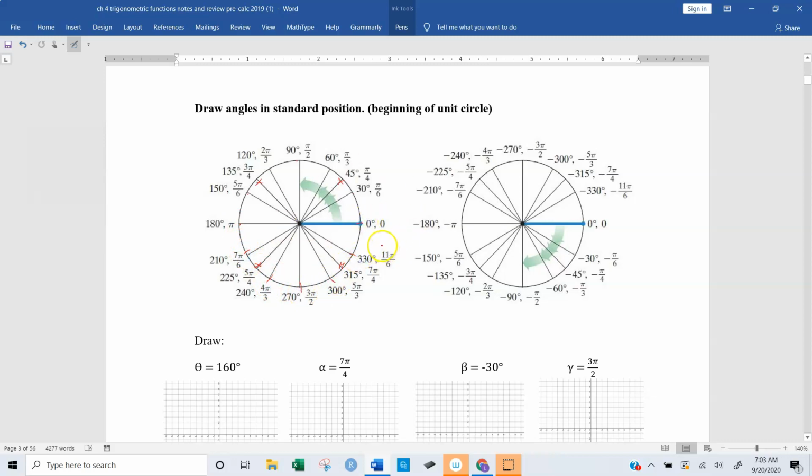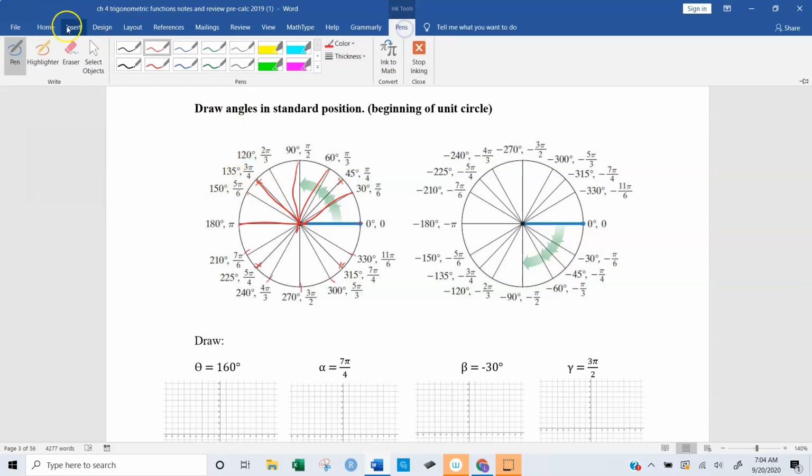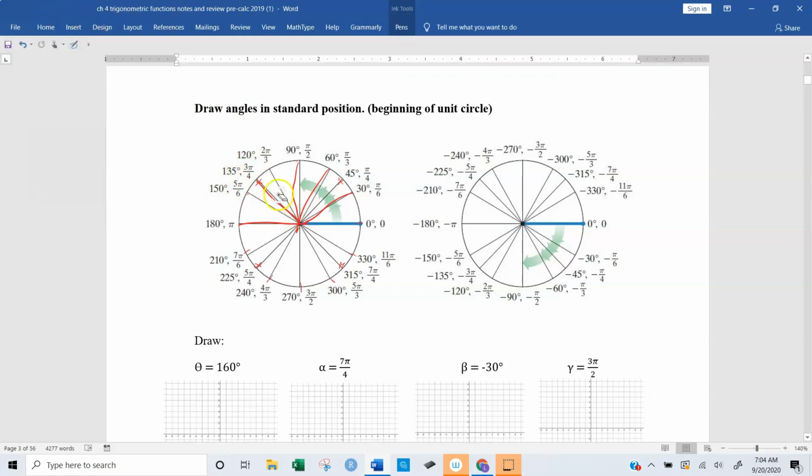You also have to do that in pi. So if you look at this, we know pi goes all the way across, right? Now, if we look at our 30s, there's 1, 2, 3, 4, 5, and 6, right?